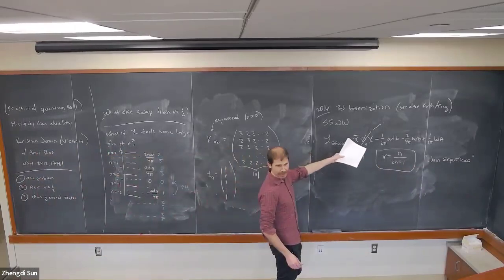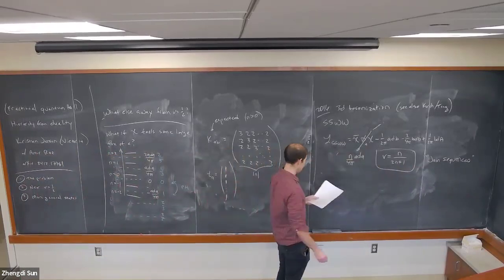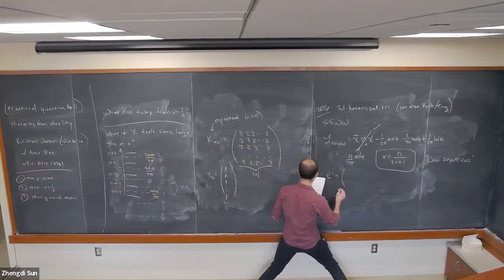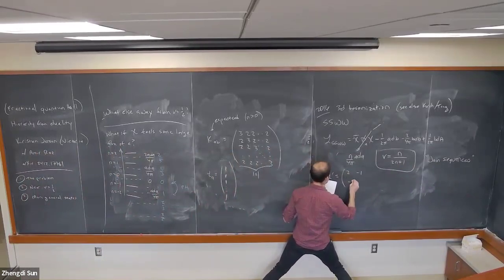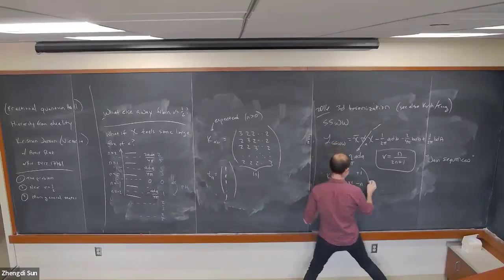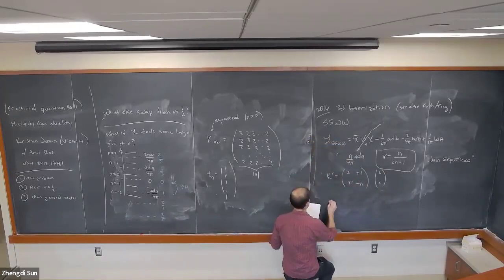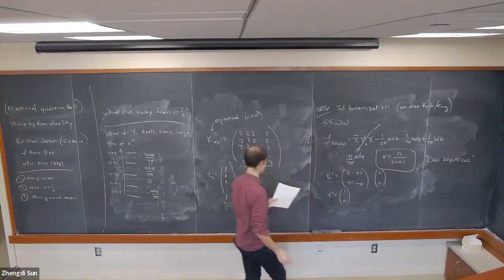This is something that has 2 fields, not n. And it has an effective K matrix that looks like 2, 1, 1, and then minus n, where these entries are B and A, and then the t vector is 1, 0.